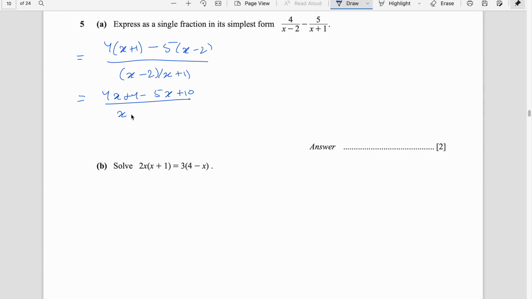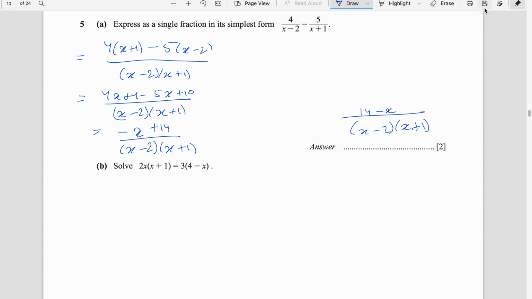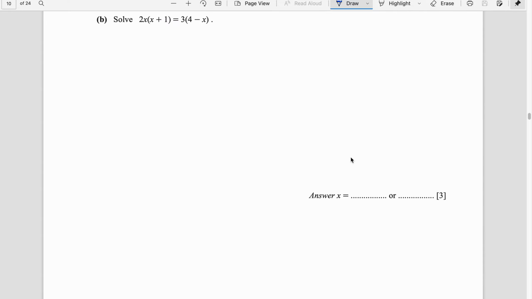Don't multiply these out, this is acceptable as it is. So 4 minus 5 is negative x, plus 14, over (x minus 2)(x plus 1). So (14 minus x) over (x minus 2)(x plus 1) as a single fraction.